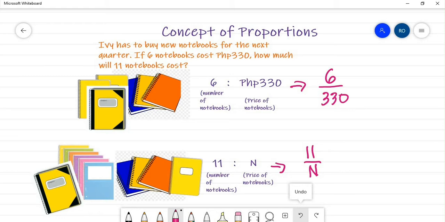So let's put them together. We have 6 over 330 pesos is equal to 11 over n.